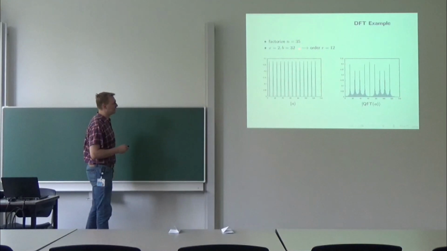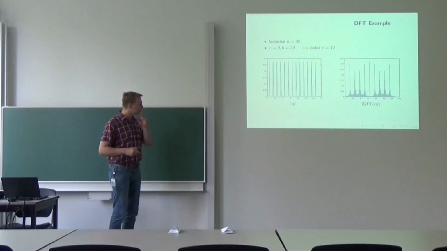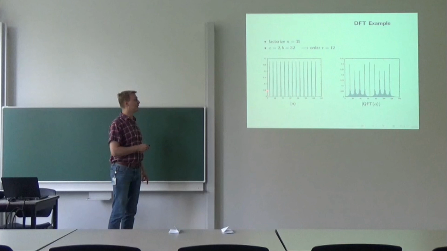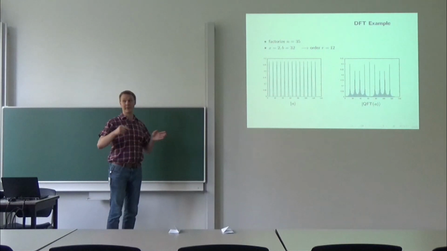Right? And I think this implies that y is 5. So then we start with a spike at 5, and since the order of n is 12, the spikes are apart by 12.